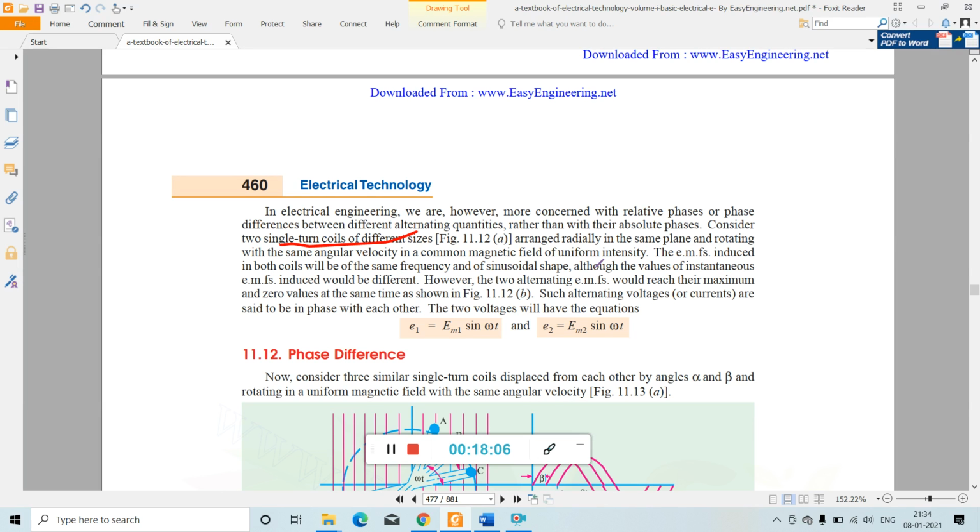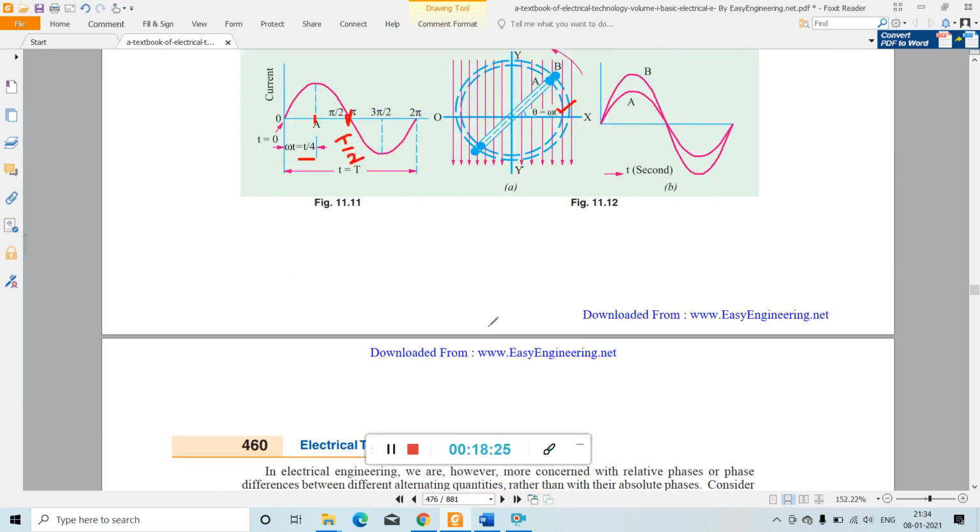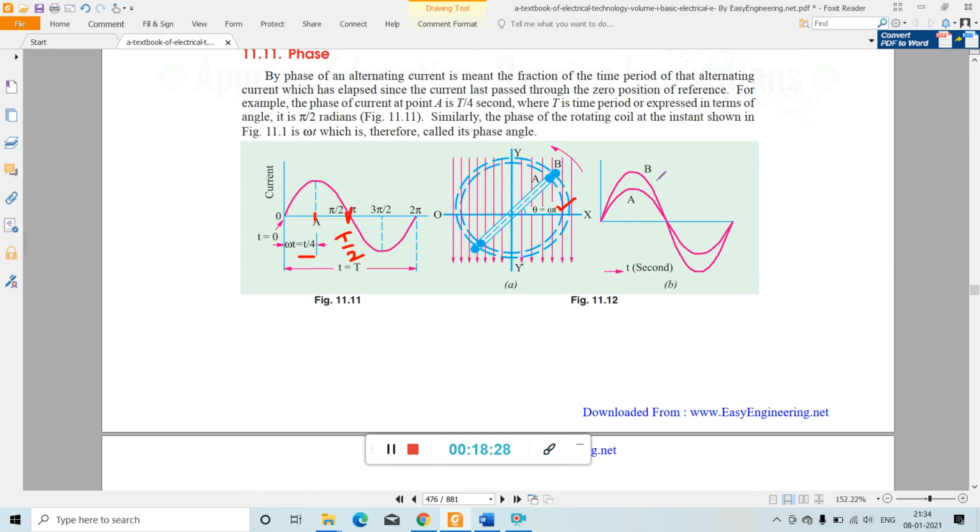Their instantaneous values may be different, but the maximum and zero values occur at the same time. Such alternating voltages or currents are said to be in phase with each other.